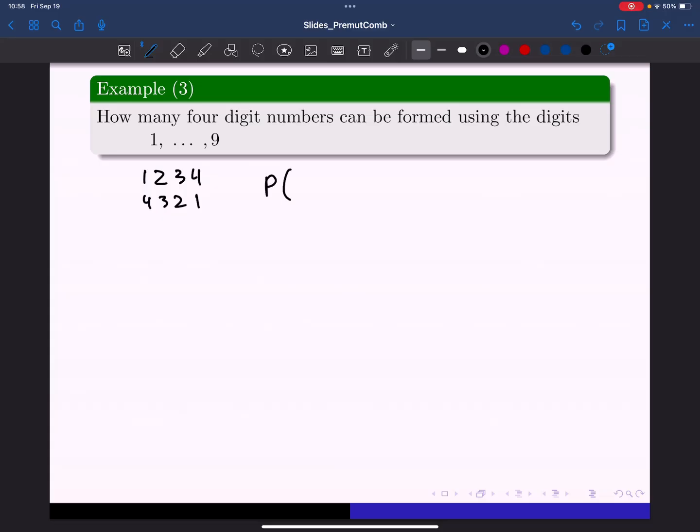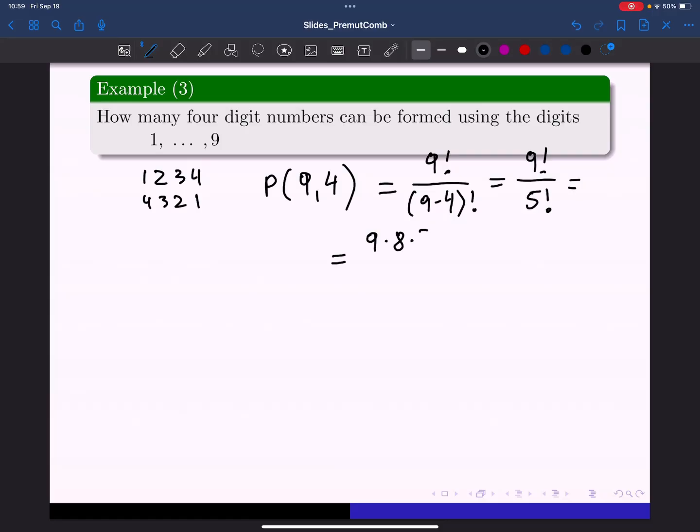How many numbers do we have? We have 9 numbers, and we're choosing how many? 4-digit, so we're choosing 4. So we have permutation 9 and 4. By definition this would be 9 factorial over 9 minus 4 factorial, so that gives me 9 factorial over 5 factorial. If we want to work it out, this would be 9 times 8 times 7 times 6 times 5 factorial all over 5 factorial.